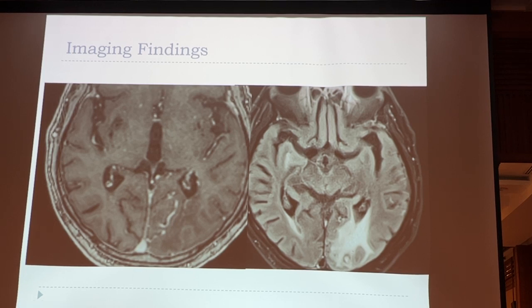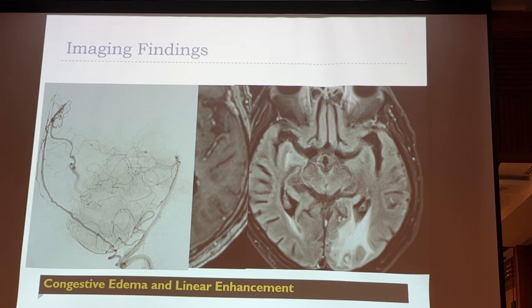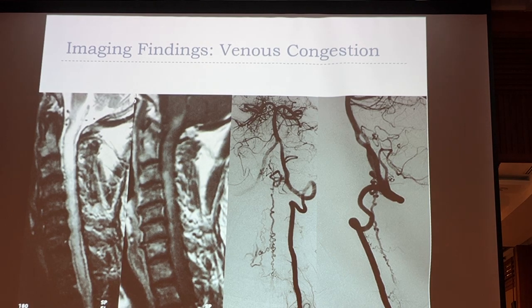So this is just to show that from an imaging perspective, dural arteriovenous fistulas are great mimickers. They can look like tumors, they can look like trauma, they can look like AVM. They may be completely overlooked from an imaging perspective. Their imaging findings can be quite varied.